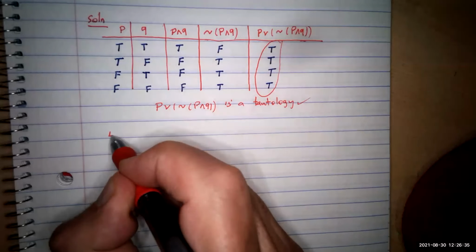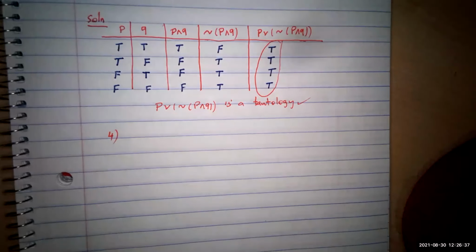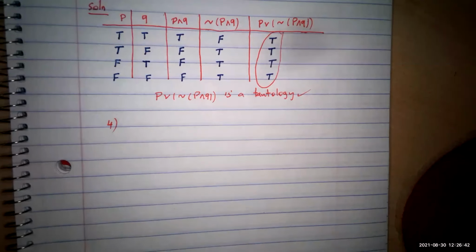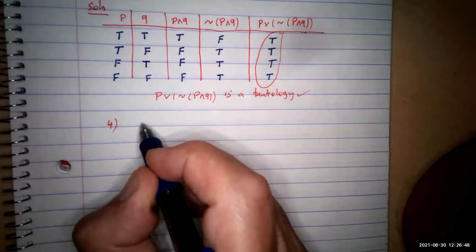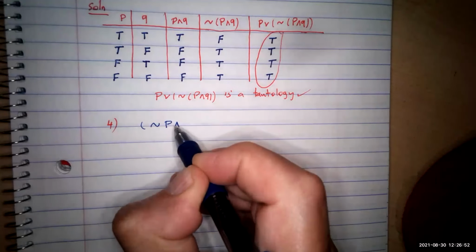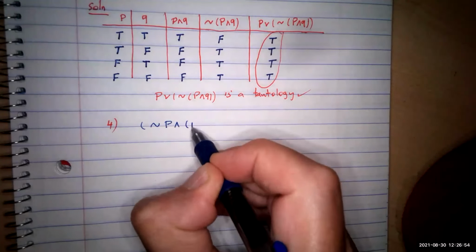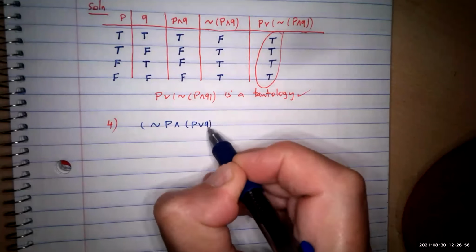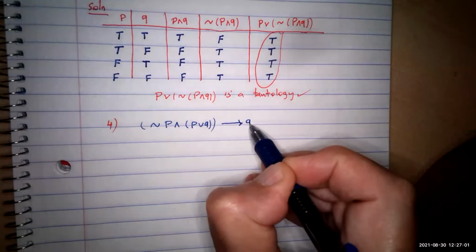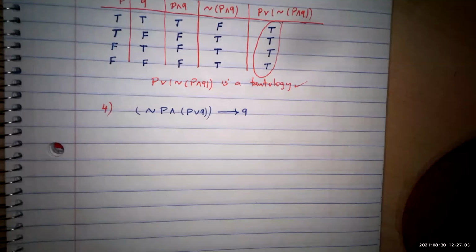So that's number 4. So we give you one question on the test, on the quiz. It's going to be 3 parts, and you will see it again on your test 1. And you get quite a lot in your assignments. Okay, let's check this one. Not P and P or Q implies Q. We want to check to see if this is going to be one of those cases that we talk about.